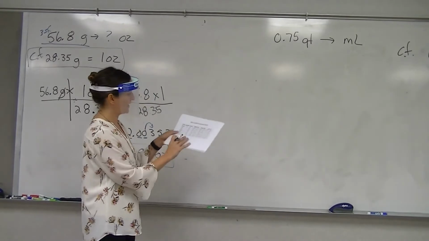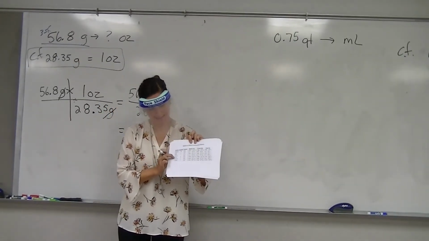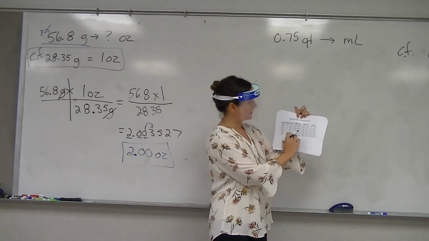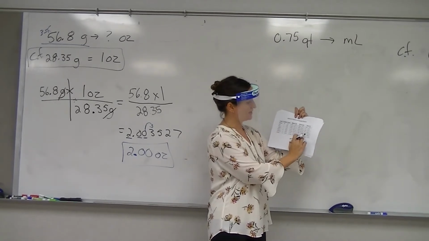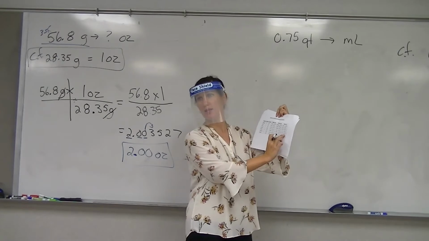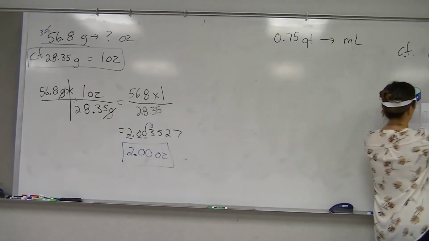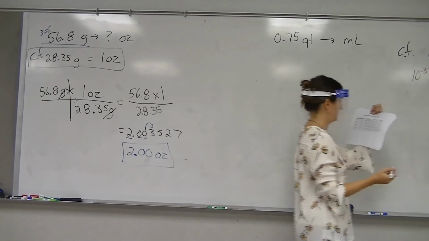You want to go all the way down. If you look at this metric table, these are the prefixes, so go down to where the milli is, M-I-L-L-I, and follow it across. The first section's length, the second is mass, and the third one's volume. That's where you're going to see the liters. So it's 1 milliliter, and then 10 to the negative third liters.